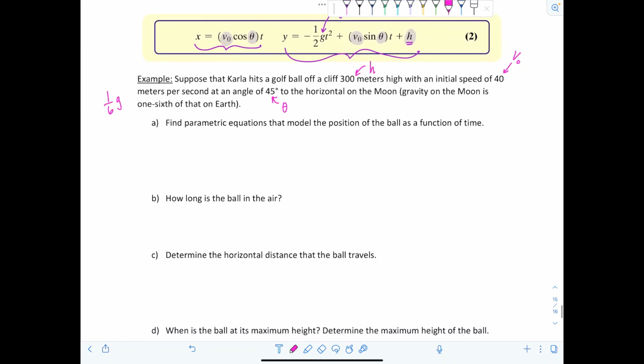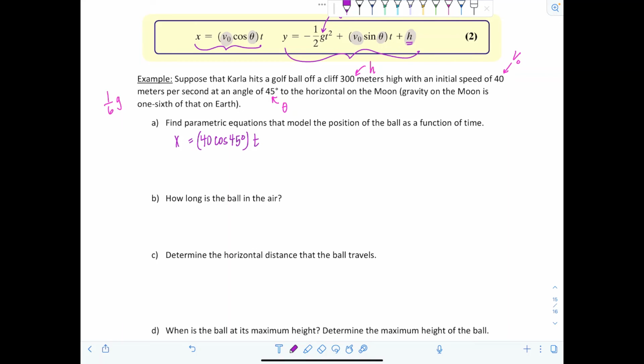Part A asks us to find the parametric equations that model the position of the ball as a function of time. So we're just finding x and y. x is going to equal v naught, that was 40, cosine 45 degrees times t.